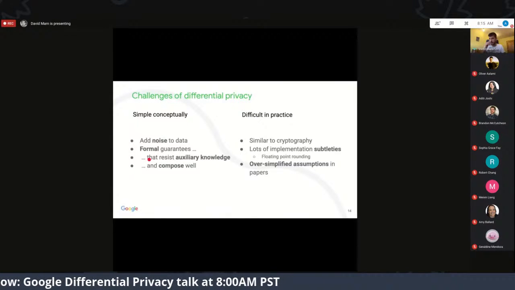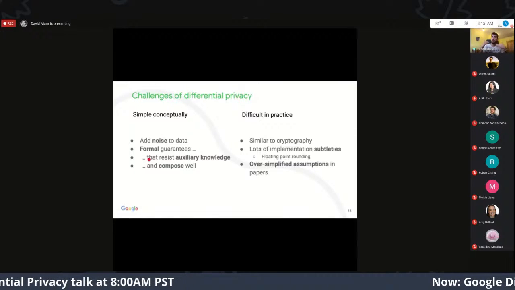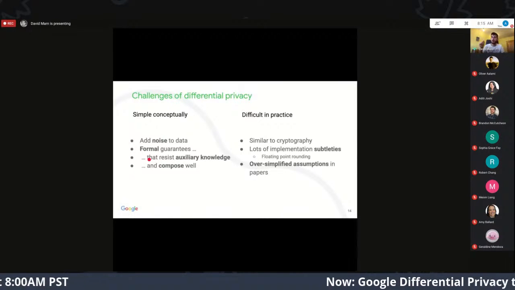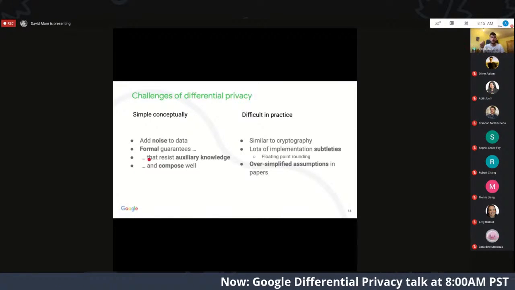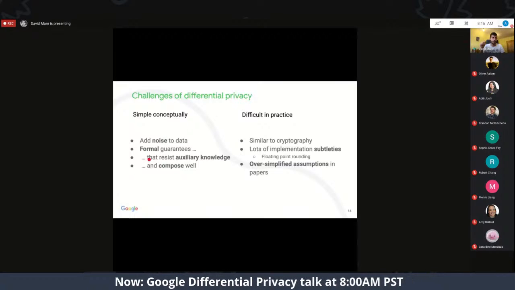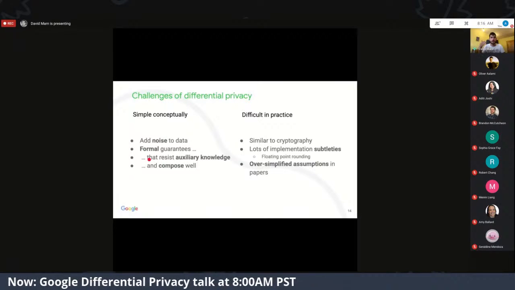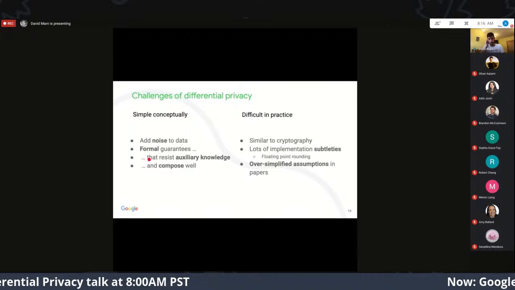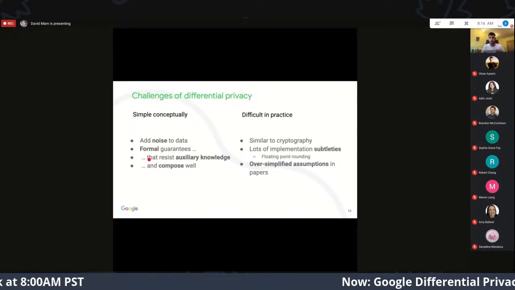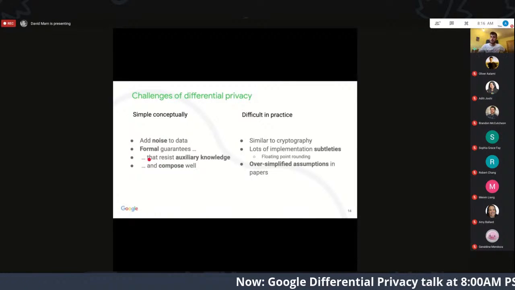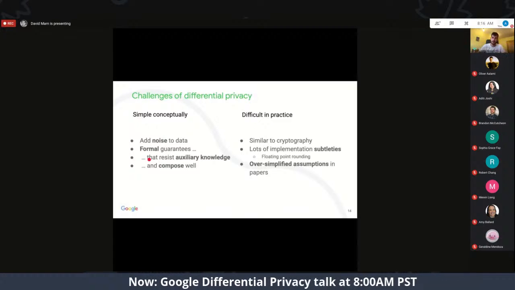Some academic papers also don't have to deal with the complexities of real-world scenarios. So for instance, in the real world, the contributions of any one user are very difficult to quantify. And in papers, they can simply gloss over this and assume that each person will only contribute to a data set once.